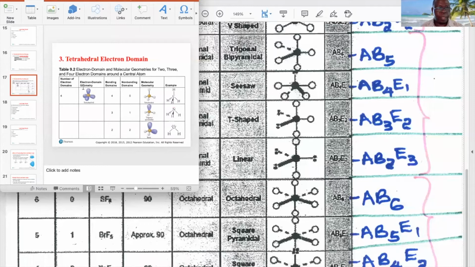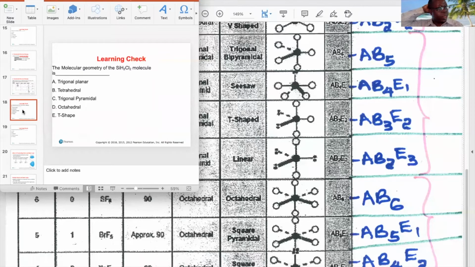And all of them have 4 domains. If you add the lone pairs plus the atoms, it gives you 5 regions. For octahedral, 6 regions, all of them will give you 6 regions.